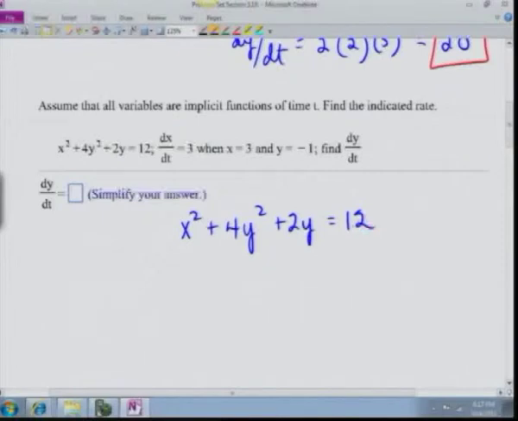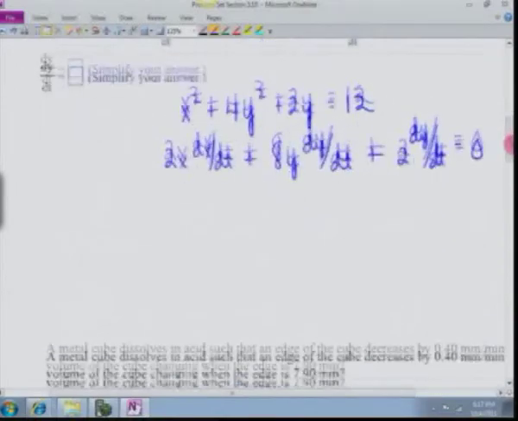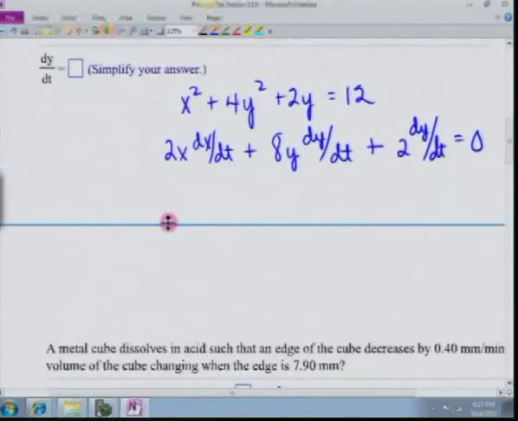All right, if we take the derivative, what do we get here? Plus, good, equals 0. And that's important. You've got to have that equals 0 there. Okay?